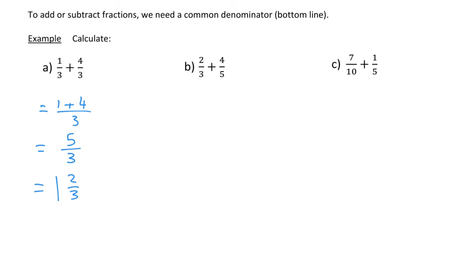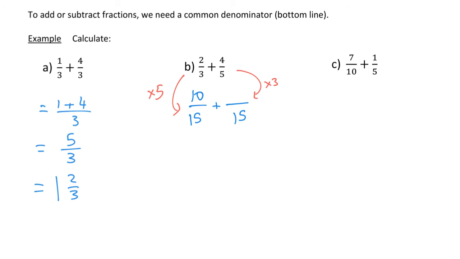Example B, 2/3 plus 4/5. We need to express it with a common denominator. Between 3 and 5, the common denominator is 15. To get from 2/3 to out of 15, we've multiplied by 5. So we need to do the same at the top, and we get 10. For 4/5, to get from 5 to 15, we've multiplied by 3.